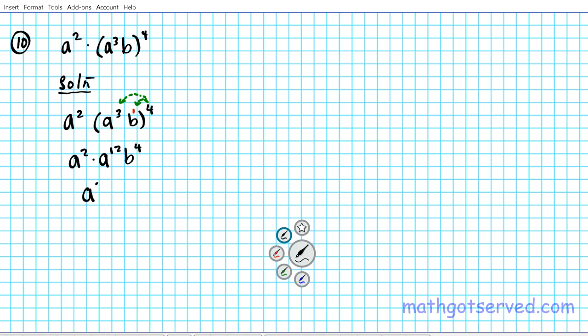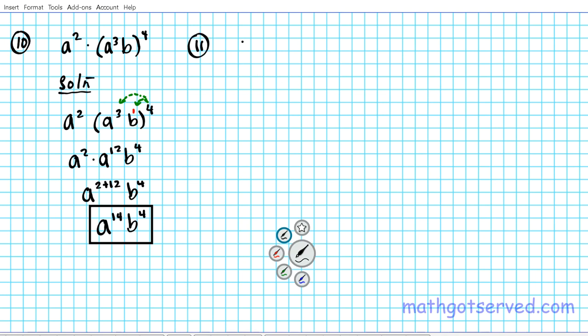So it's going to be a to the 2 plus 12, b to the 4th, and then the final answer is going to be a raised to the 14th power, b raised to the 4th power, and that's the answer to question number 10.